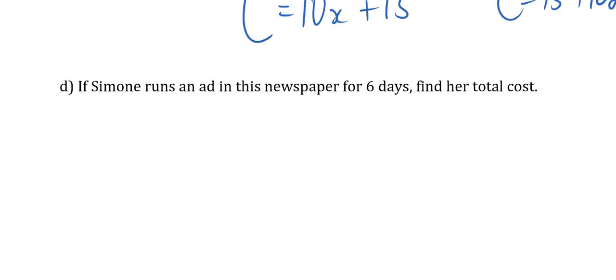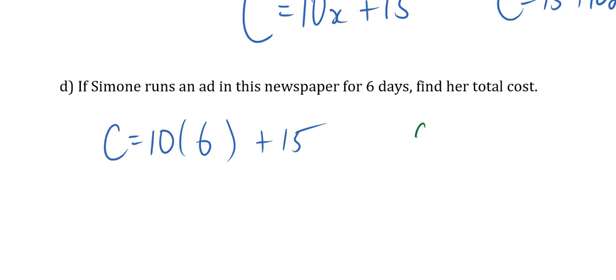If Simone runs an ad in this newspaper for 6 days, find her total cost. So this is where I get cost equals 10 times the number of days plus 15. That's 6. Or if I use the other equation, it would be C equals 15 plus 10 times 6. Does it help writing them out like this? That's not going to make a difference which way I write it, does it? I'm going to show you one more thing after, though.